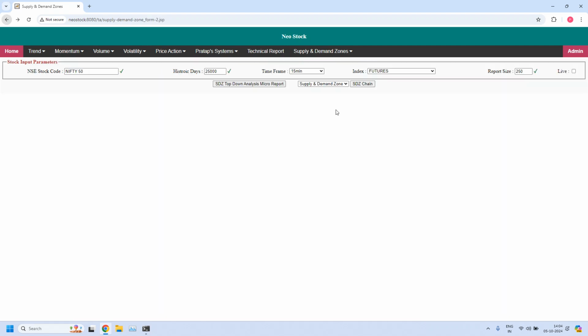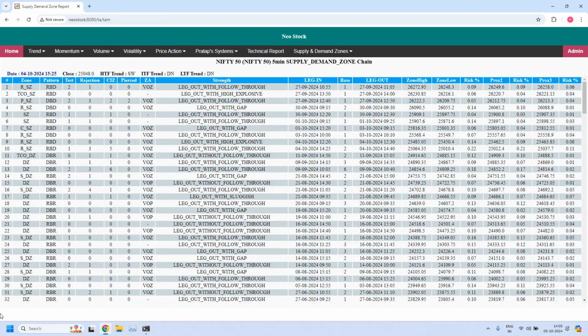Okay, the next time frame is 5 minutes, generating 5 minute supply demand zone chain for Nifty. So this is about Nifty supply demand zone chain.